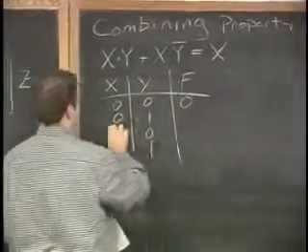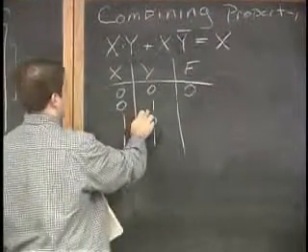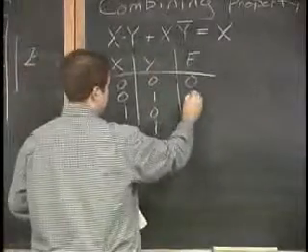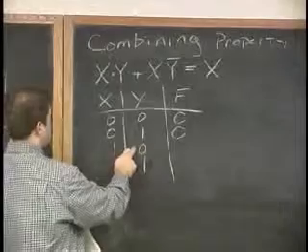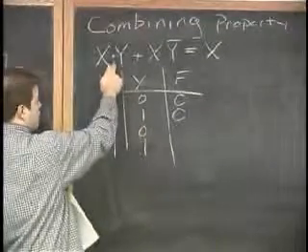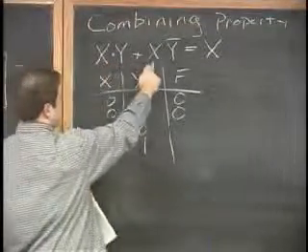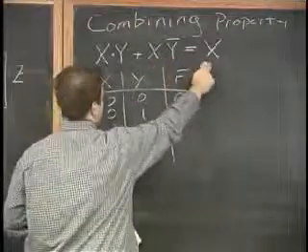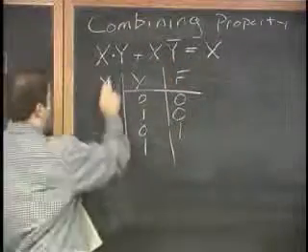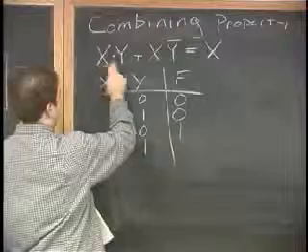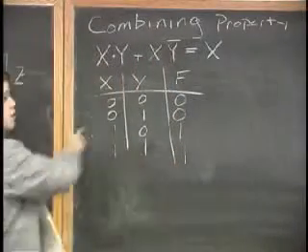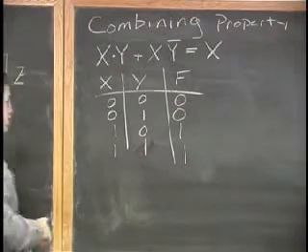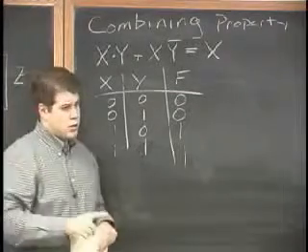And if x is 0 and y is 1, they're still both 0. If x is 1 and y is 0, this term is 0, and this term is 1 and 1, so it equals 1. And then if both of them are 1, we have a 1 here or a 0 here, which is 1. So as you can see, x is replicated at the output.